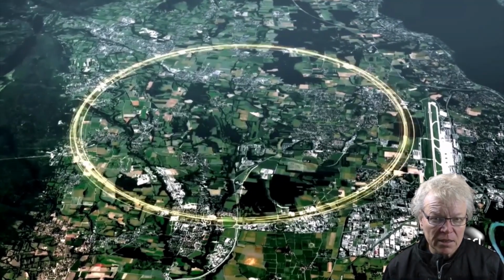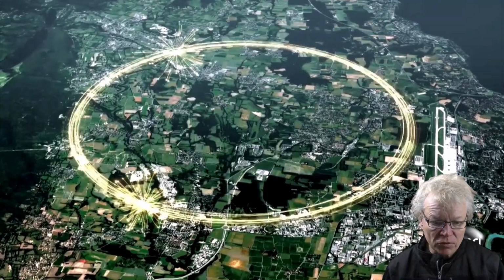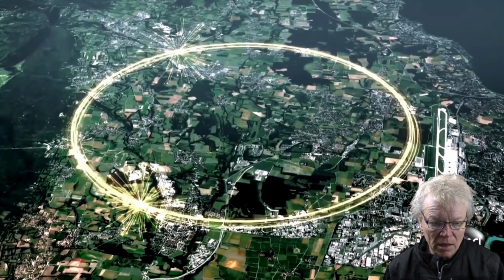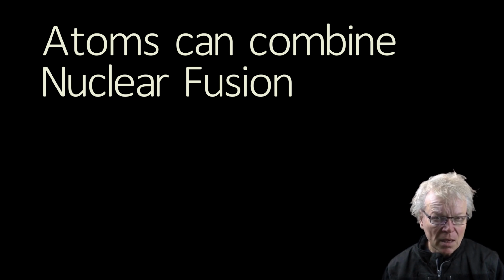And it's a facility that whizzes around atoms in different directions around that big circle highlighted by that yellow line there, and drives them into each other to try and get them to combine. And that process where atoms combine is known as nuclear fusion. You've probably heard of that. The problem is it needs extreme temperatures.